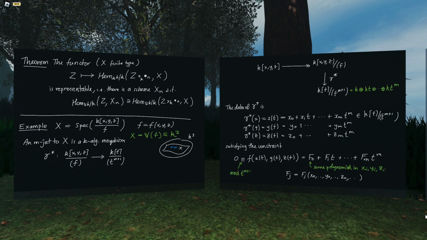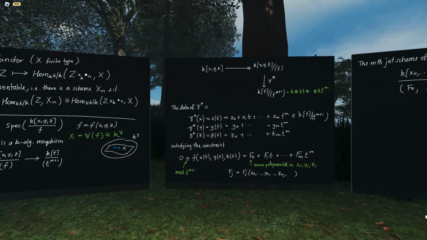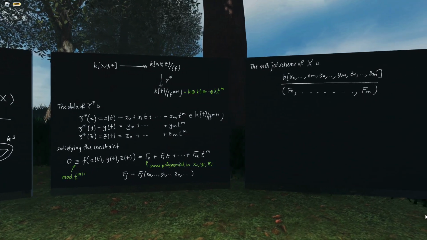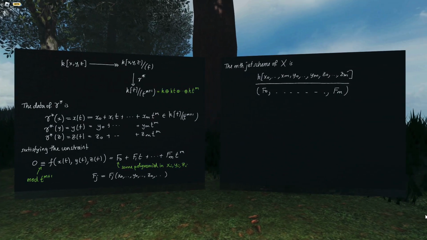So the mth jet scheme of X is the space which has these xi's, yi's and zi's as coordinates, and these f0 through fm's as equations.